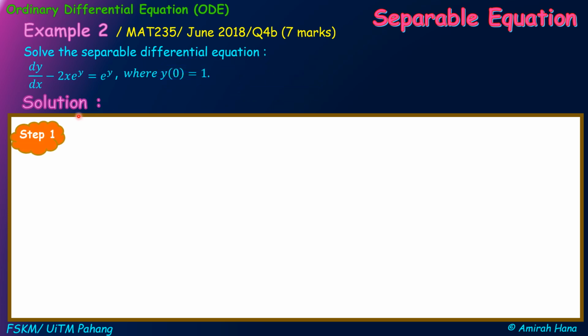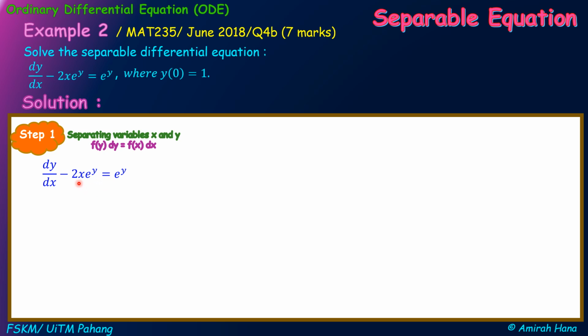When we solve using separable equations, the first step is separating variables x and y. On the left hand side, we write variable y, dy, and on the right hand side, we write variable x, dx. From the given question, we have dy over dx minus 2x e the power of y equals e the power of y.